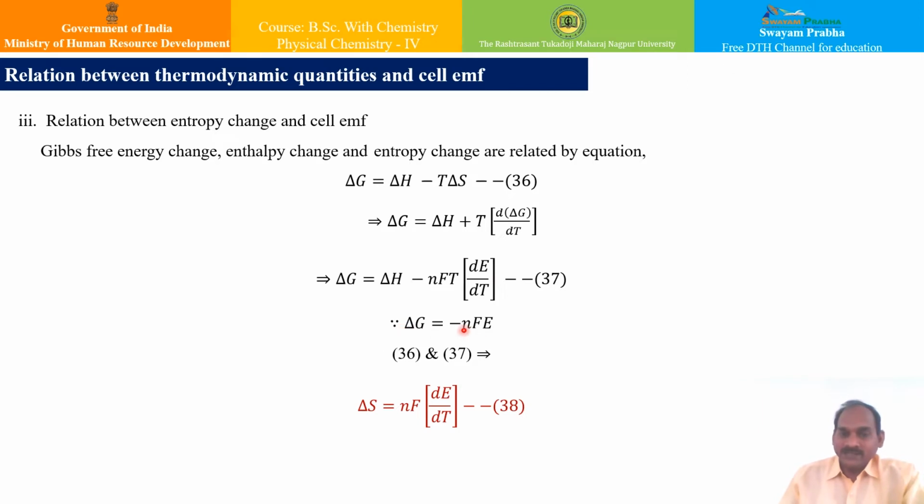Since delta G is equal to minus NFE, on substituting into these two equations, I can calculate delta S. So instead of delta S is equal to minus d/dT of delta G, if I substitute this value, delta S is equal to NF into dE by dT. That way I can obtain the expression for change in entropy, and this can be related with the EMF of the cell.